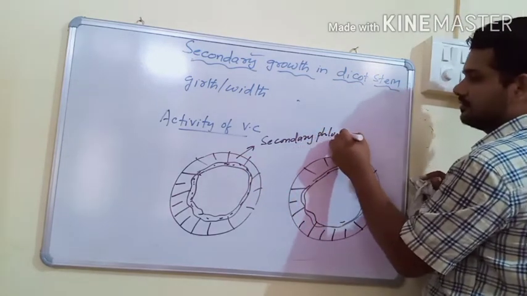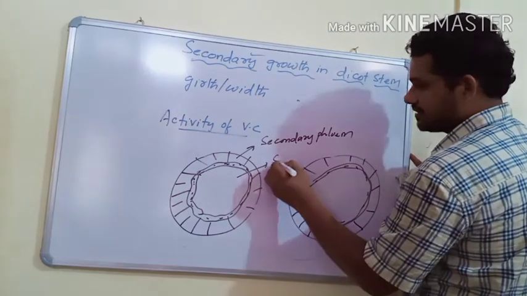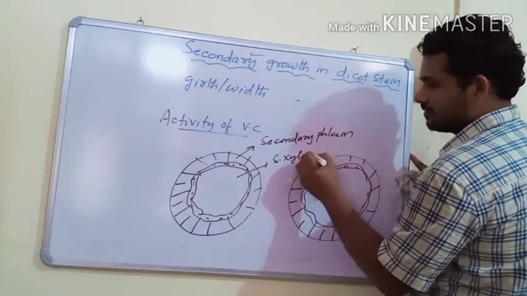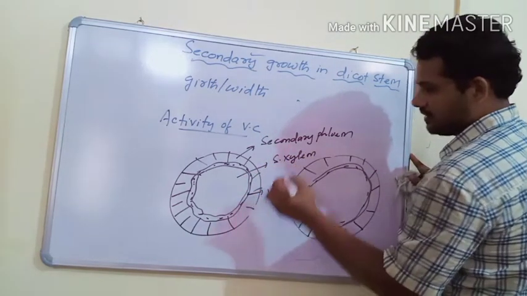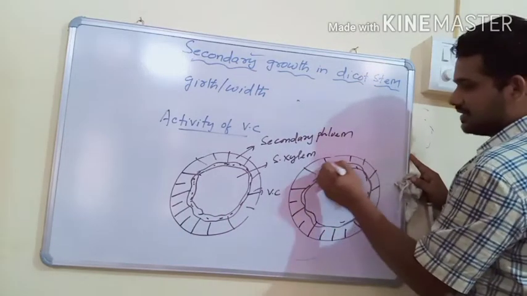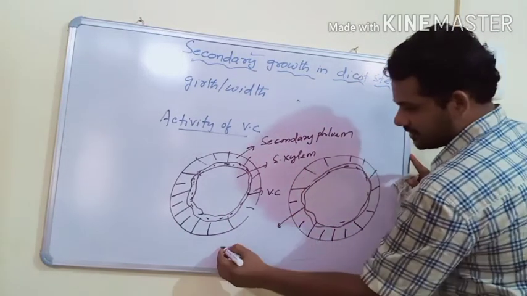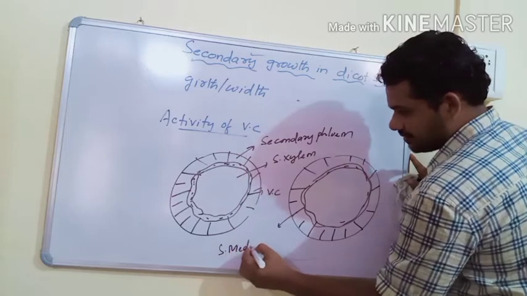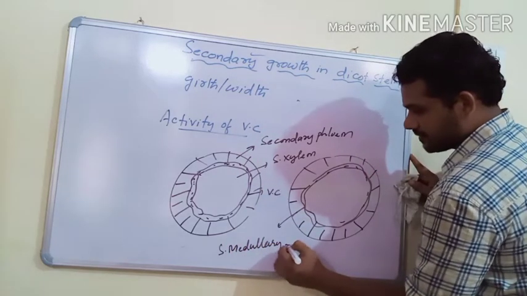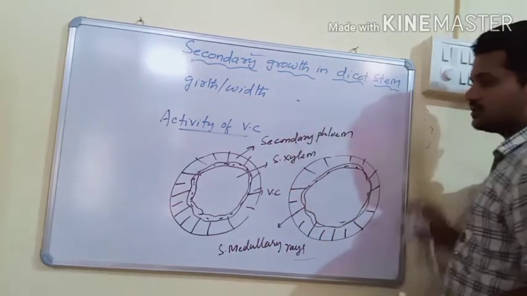Secondary phloem, and this is secondary xylem. This is vascular cambium. Here also same. And there, these lines are secondary medullary rays. Secondary medullary rays are also called pith rays.